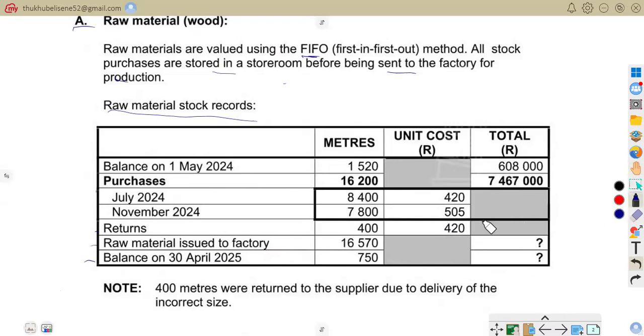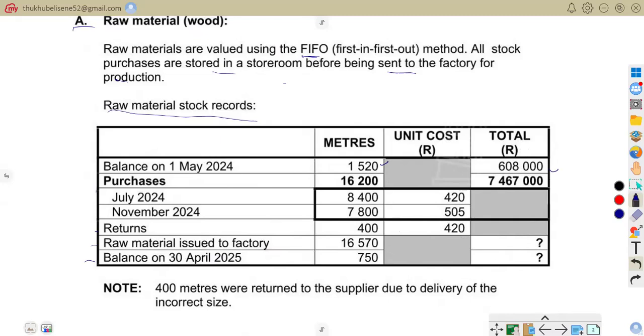So what is our opening stock? So if we can check there, you can see now as you're going to calculate the value of materials available, our opening stock, we can see now we have this balance 1,520, which our total amount is 680,000. This is our opening stock. Are we together, good people?